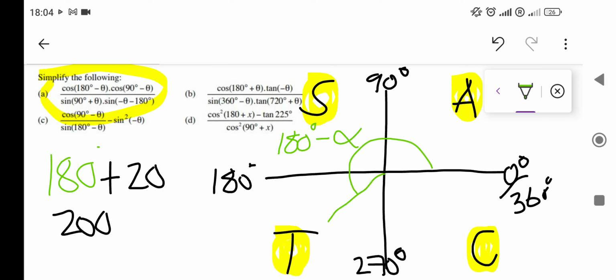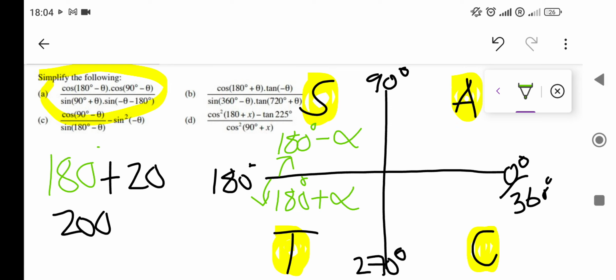So if we say 180 plus, we are putting ourselves into our third quadrant. So 180 minus puts us in the second, 180 plus puts us in the third.